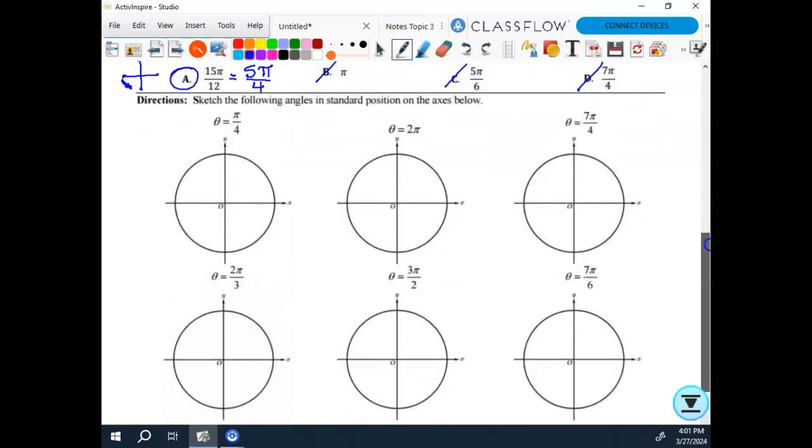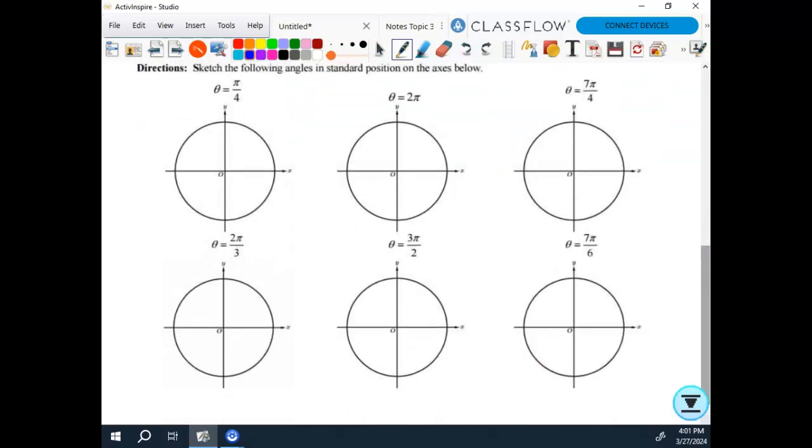Okay, so now we're going to sketch some angles. Pi fourths. You want to aim for halfway and show the direction of rotation. 2 pi, basically just show your direction there. 7 pi fourths, again we're aiming for halfway.